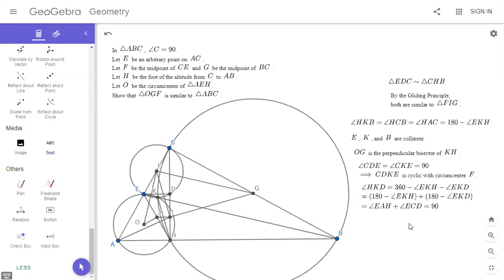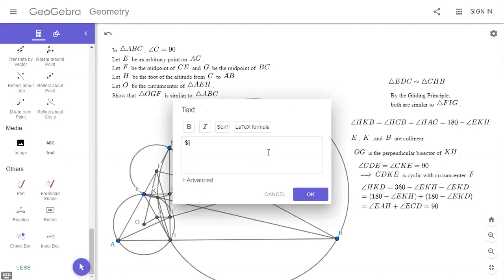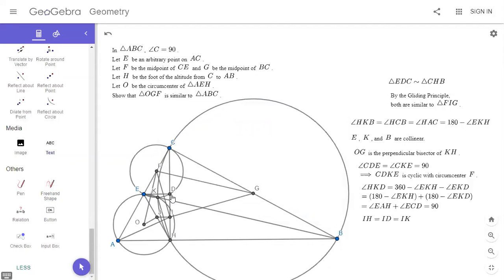Okay, so I mean that means IH equals ID equals IK, right? Since angle HKD is 90 and I is the midpoint, we know that IH equals ID equals IK.